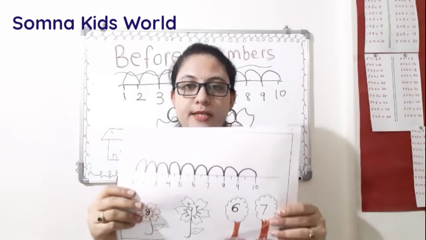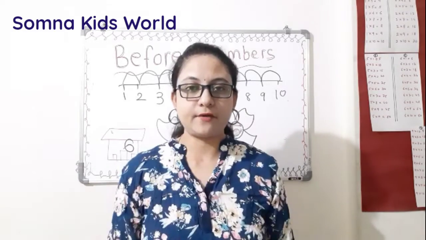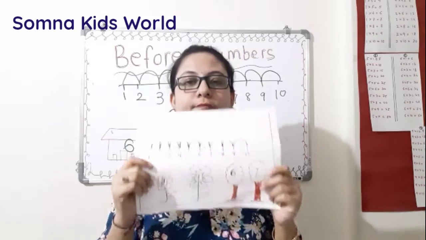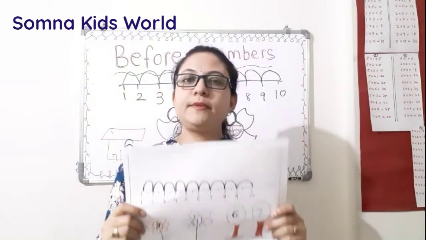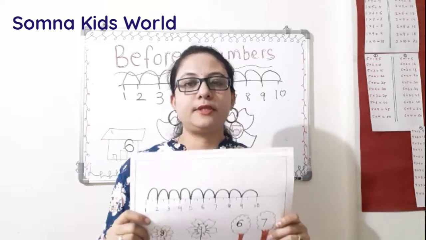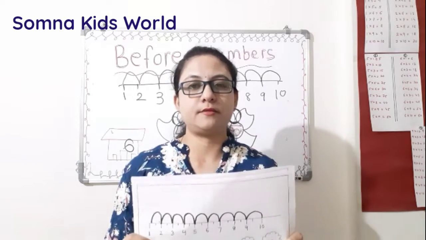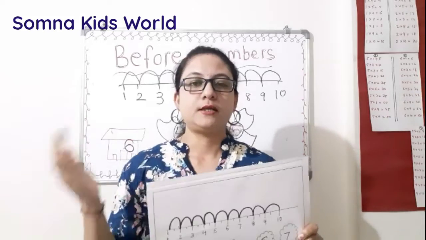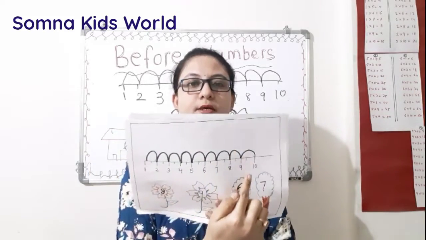If you give the number line to the kids, it will be easy for them to identify what number comes before. So please do it with this method. Before means the number which comes in front of.